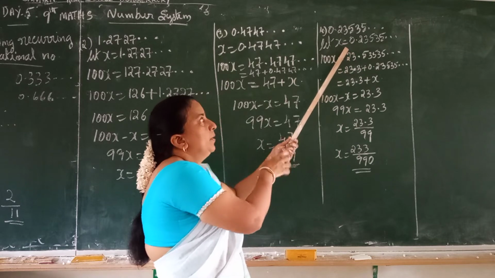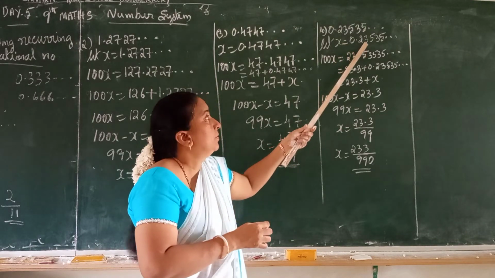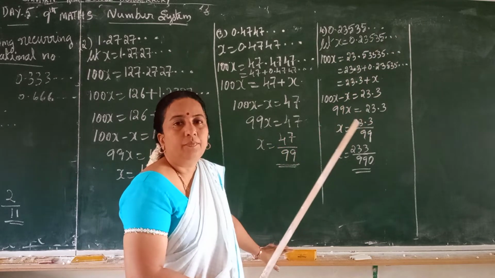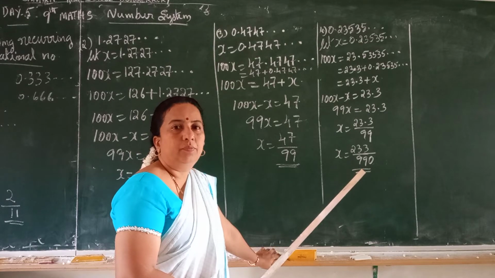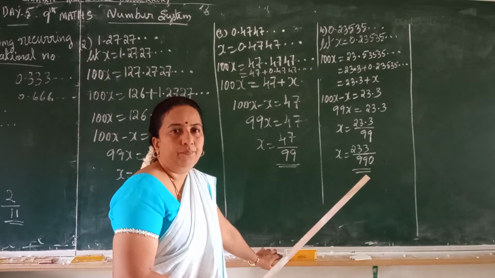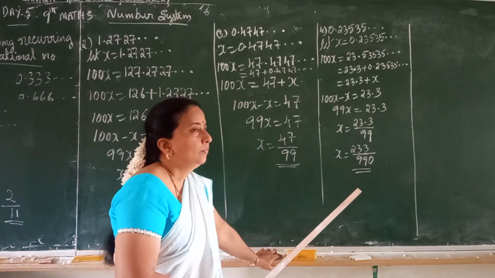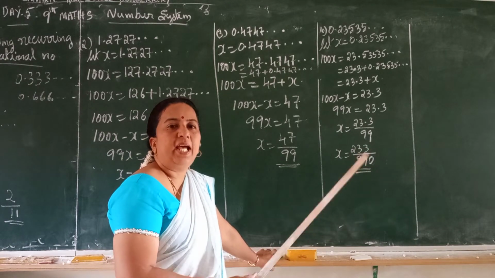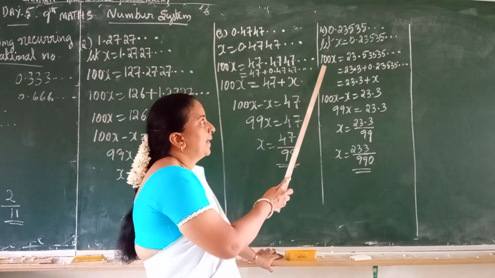Take x is equal to 0.2353535 and so on. How many digits are repeating? 2 digits are repeating. Therefore, 100x.